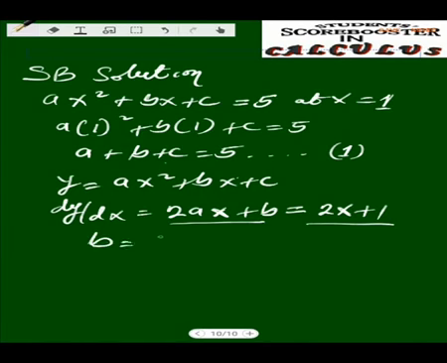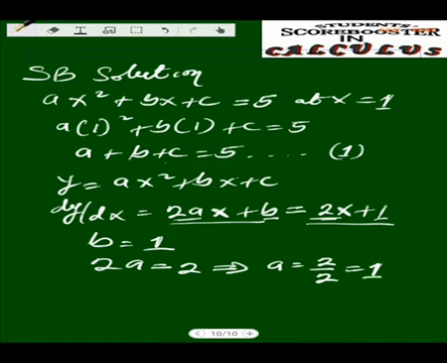That is, this b must be equal to this 1. And again the coefficient of x here must be equal to the coefficient of x here, so 2a must be equal to 2. From here, a equals 2 over 2, so a equals 1.